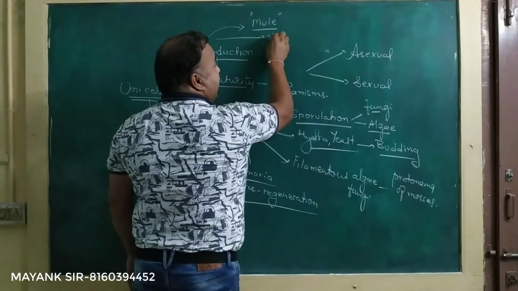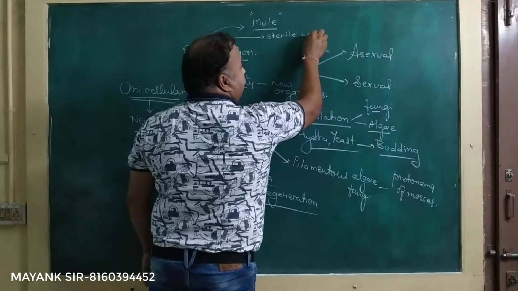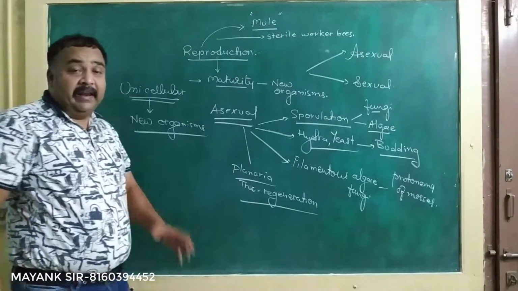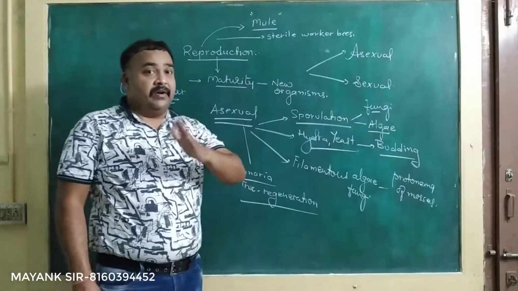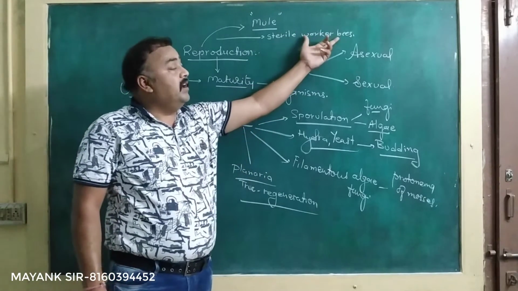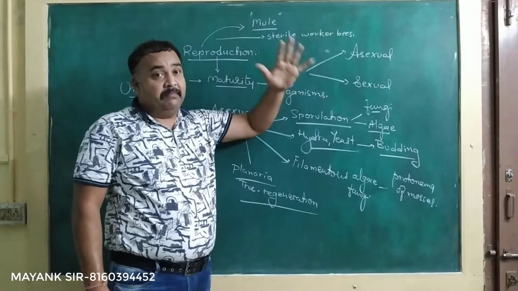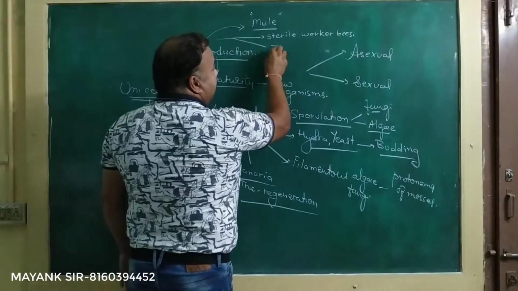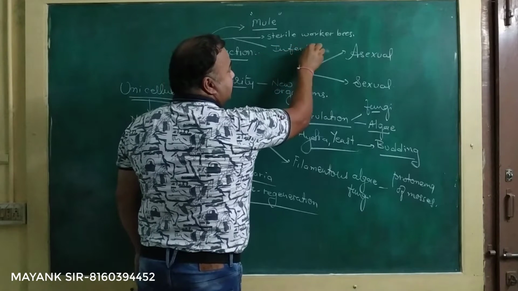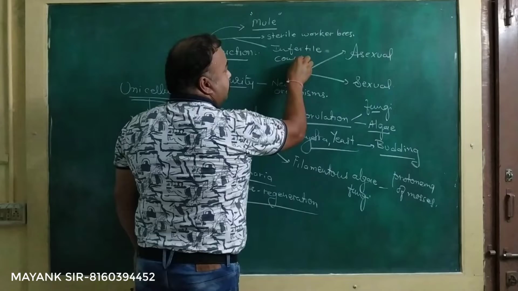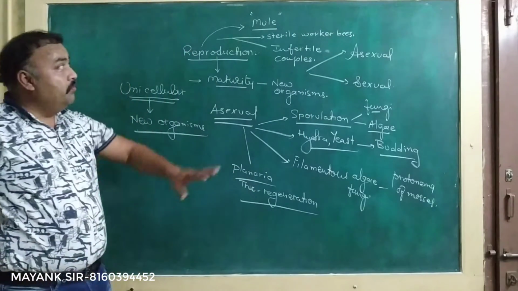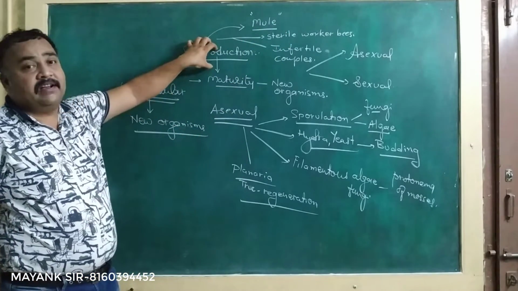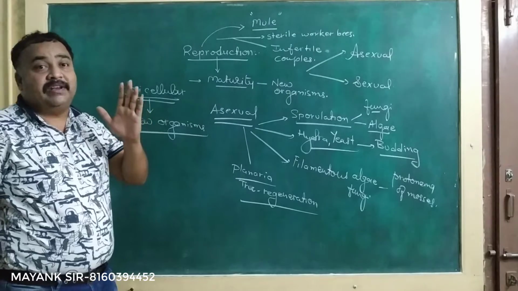Second, sterile worker bees. In a honeycomb, different kinds of honeybees are there, and worker bees, which are female, are sterile; they cannot reproduce. And third, infertile couples. So they cannot reproduce. So with some exceptions, we can say that reproduction is a distinguishing characteristic of living organisms.